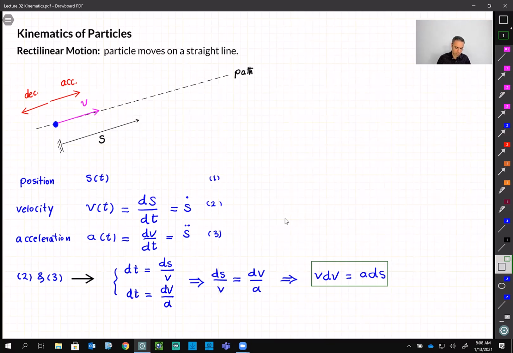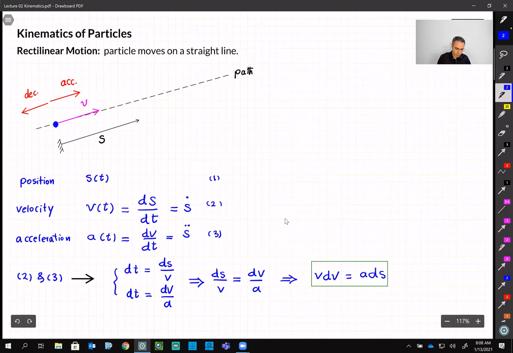So I'm going to write down here for you: independent of time. And you can integrate, of course, always. If I integrate the first part, I will get v dv, and if I integrate the second part, I will get a ds.